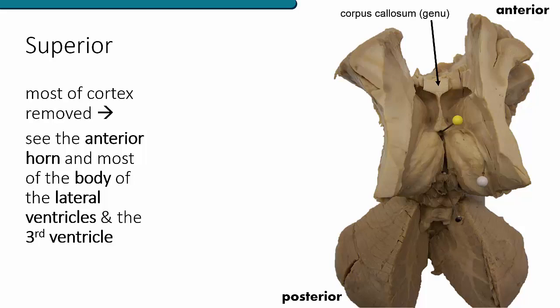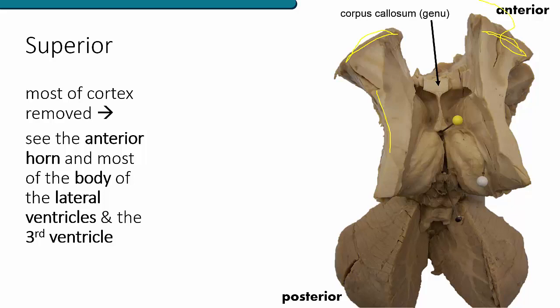Now, from the last image to this image, you have to imagine that we've taken away everything that we were just looking at and put back some of the structures that had been removed in that view. So again, this is the anterior aspect, so we can see this is frontal cortex here, although a lot has been removed.